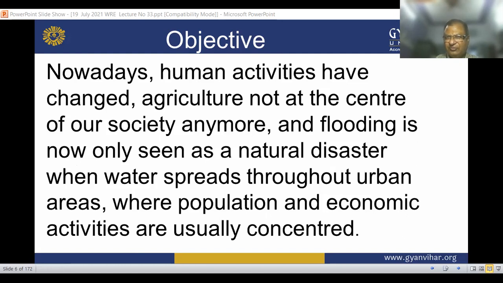Nowadays, human activity has changed. Agriculture is not at the center of our society anymore, and flooding is now only seen as a natural disaster when water spreads throughout urban areas, where population and economic activity are usually concentrated.